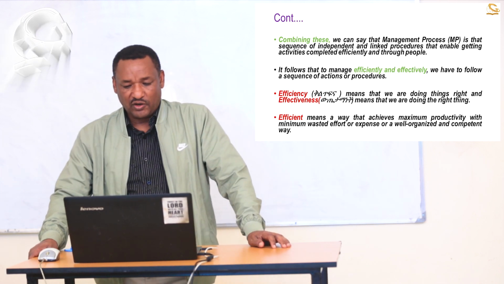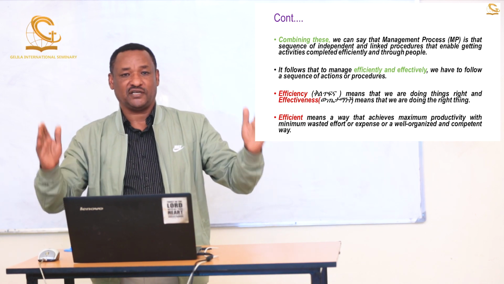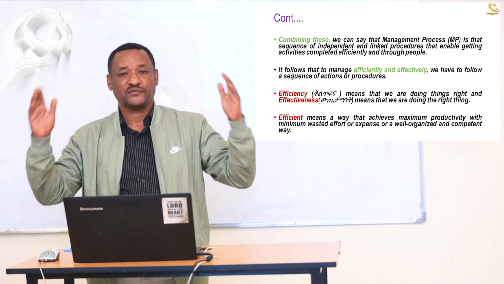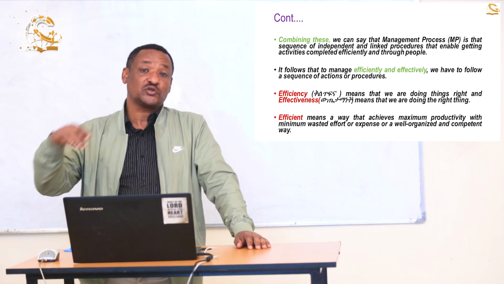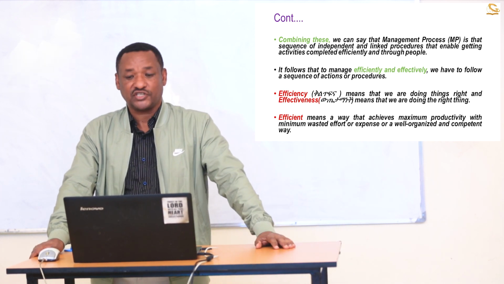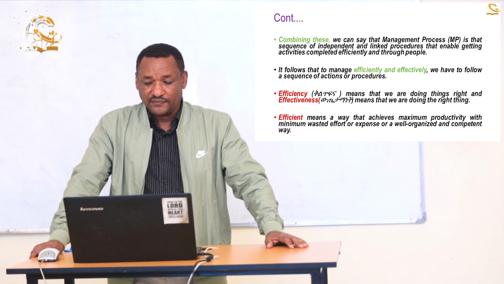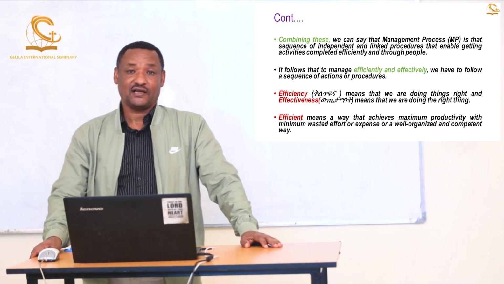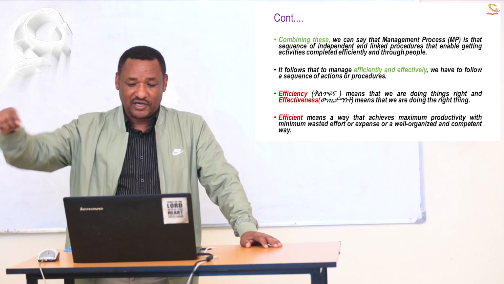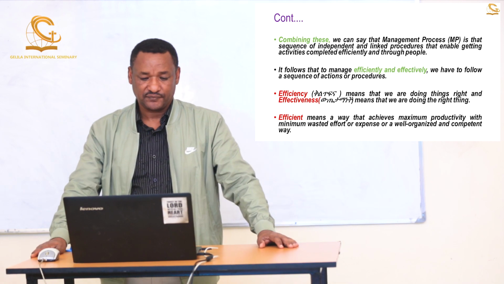Doing things right means things are appropriately done according to the aim, the objective, the goal, and also according to the vision and the mission statement. Effectiveness means we are doing the right thing at the appropriate time, at the appropriate place, and in the appropriate way of achieving a result.